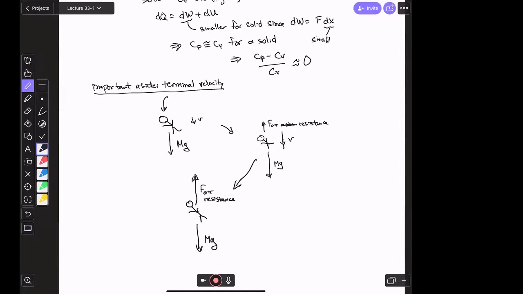And so at this point, there's no net force on you. And so you continue to fall, but at a constant speed. So the force of air resistance increases with your velocity. And so now, when these are balanced, we call your speed the terminal velocity.